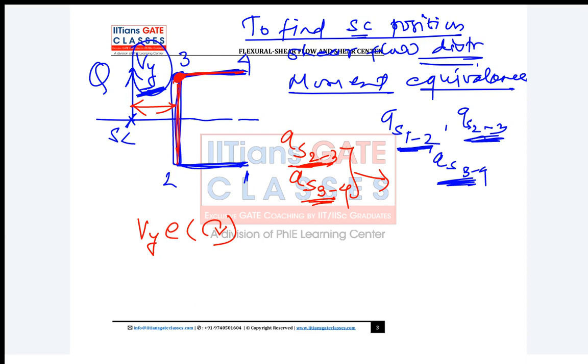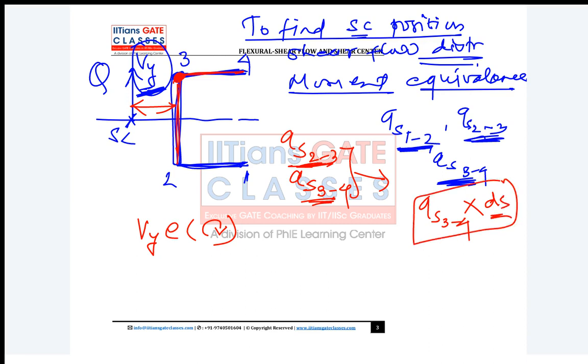See how we find moment due to shear flow. First, you take the shear flow, then multiply with a small distance ds. So this will be force.